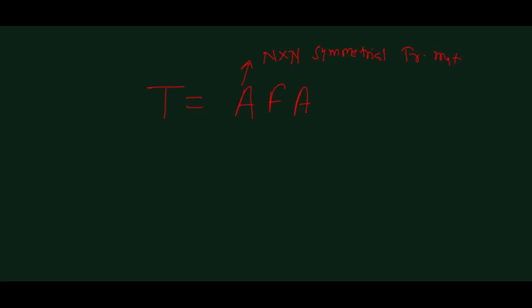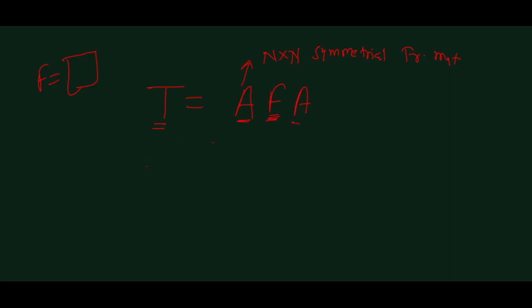This equation is very easy to remember. Our interest is to get the transformation of the image. F is the image, two-dimensional data. For this you want a transformation, say the Fourier transform or any other, and you use this mathematical model to get the two-dimensional data. A is its symmetrical transformation matrix, which we can very easily obtain.